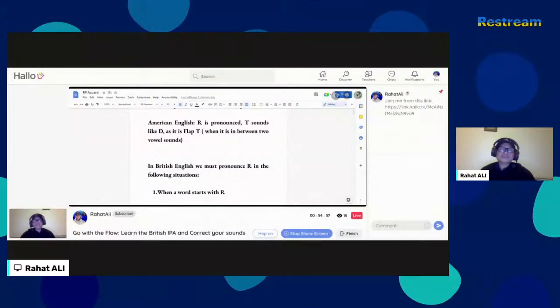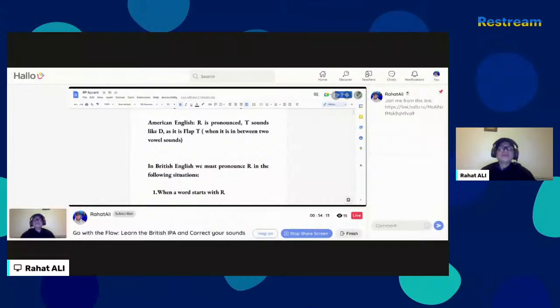Another is the Liverpool accent, which is called Scouse. The Newcastle accent, which is called Geordie. Then the Scottish accent and the Glasgow accent. So these are the 5 difficult accents in the UK.